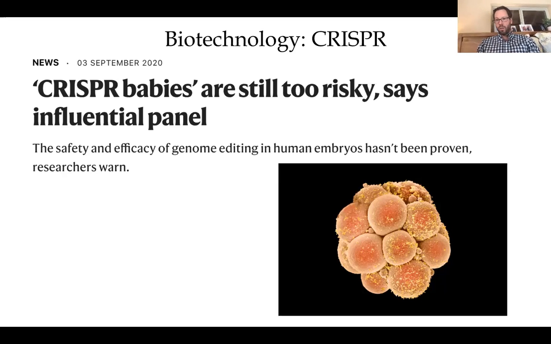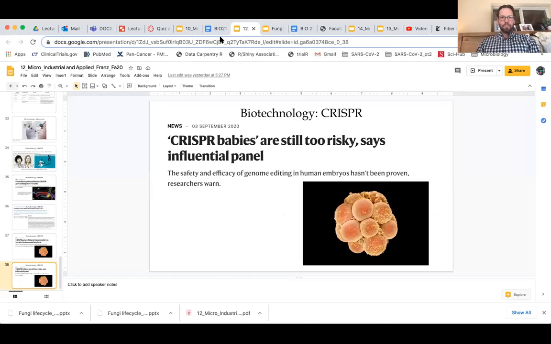Potentially this could be used not on embryos, but on fully developed humans, whether juvenile or adult, and correcting things that otherwise would be a lifelong discomfort or a premature death. So that's all I have for biotechnology. That's all I have for this chapter.